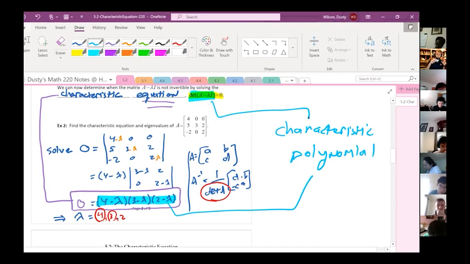So the characteristic polynomial is the part that is the polynomial, and then if you set it equal to 0, we would call it the characteristic equation. So it's two similar things.